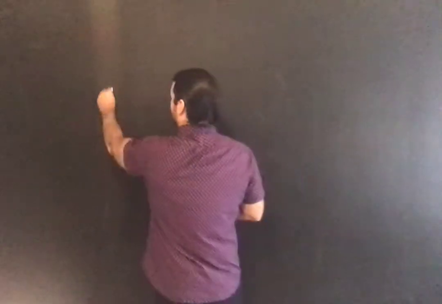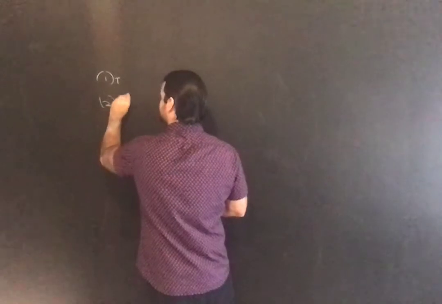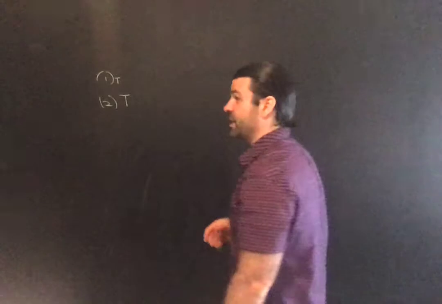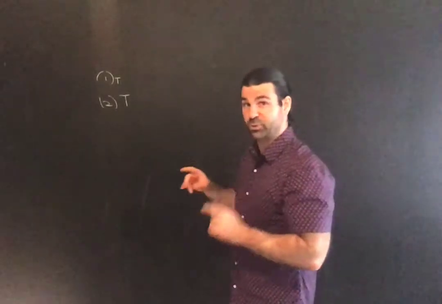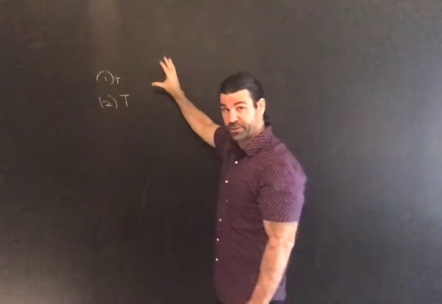You have two sentences that both have the same truth value. That means they either both have to be true or they both have to be false. So let's just choose two true sentences. We still have to think what they are.